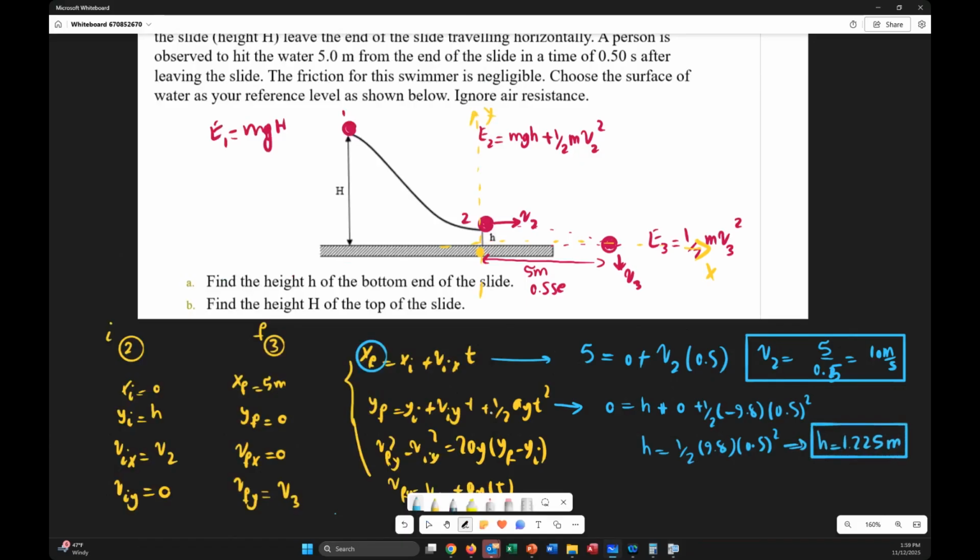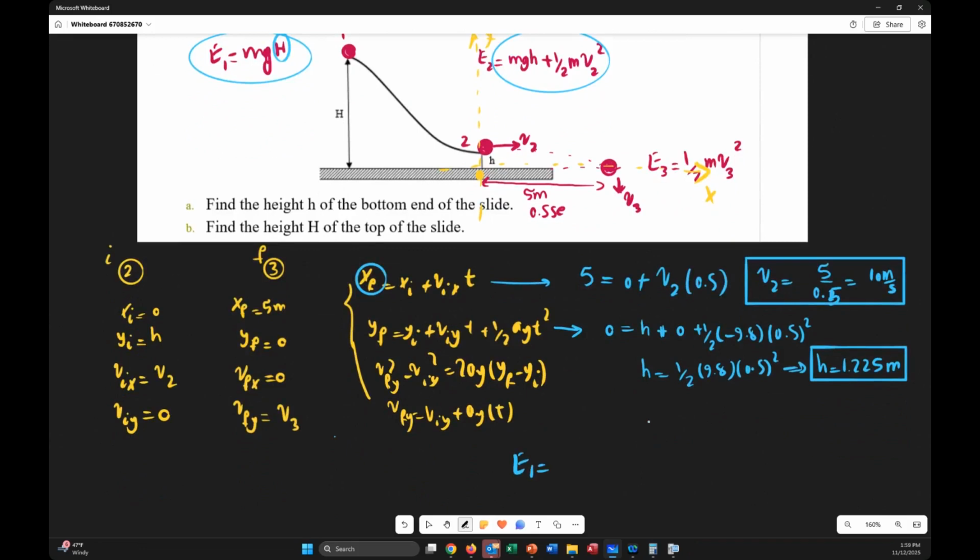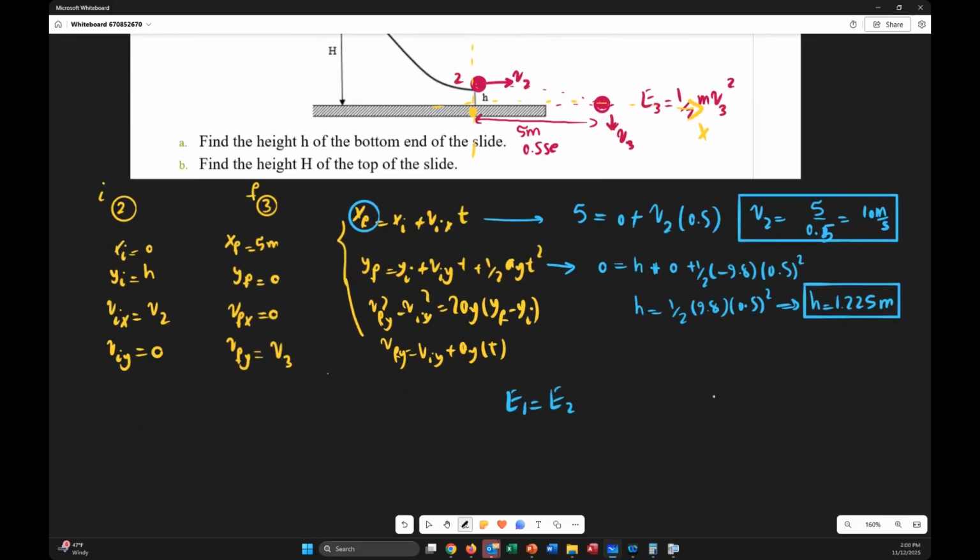Right now I'm supposed to find this height. Which two should I put equal to each other? I put E1 equal to E2, because I have the height and I have V2. E1 is mgh. E2 is 1 over 2 m velocity squared plus mg small h.